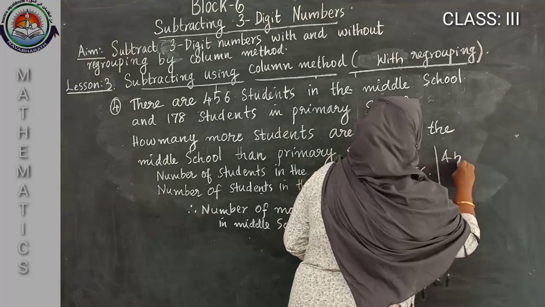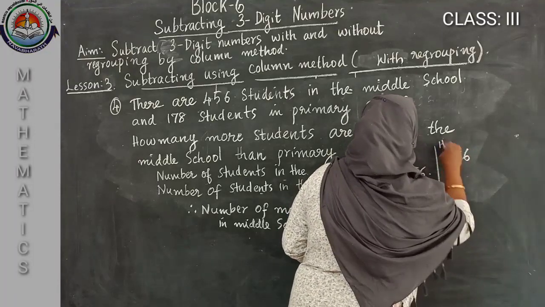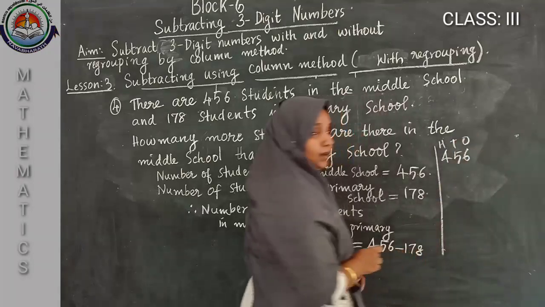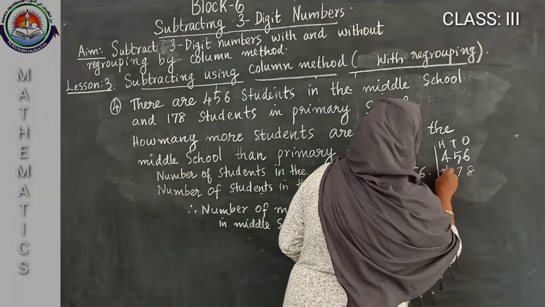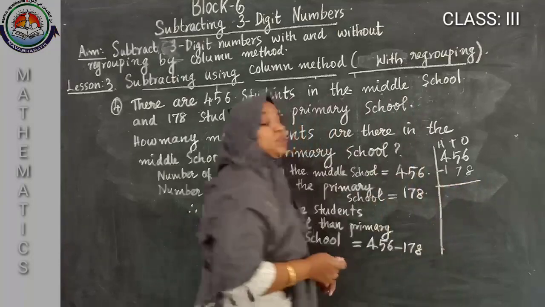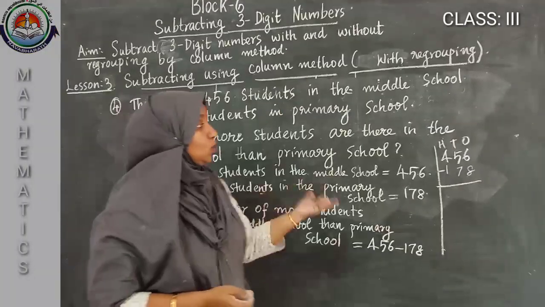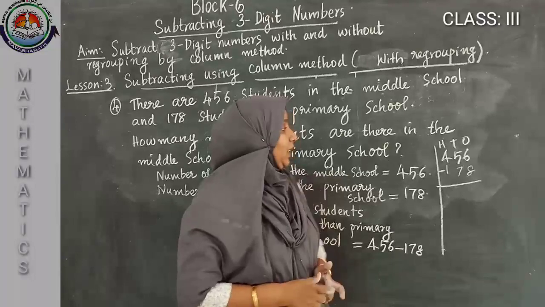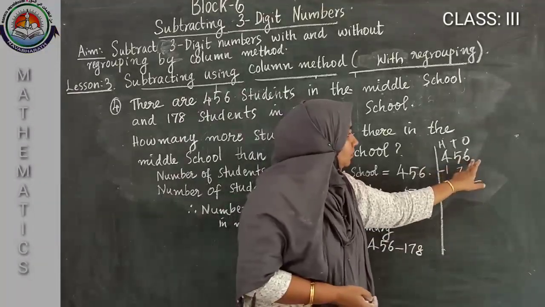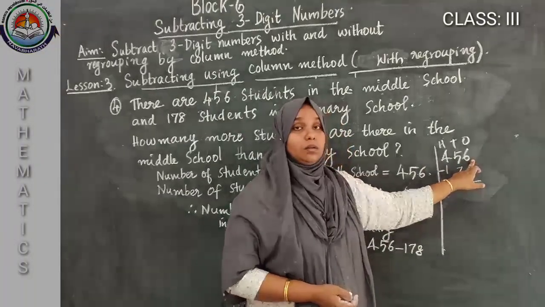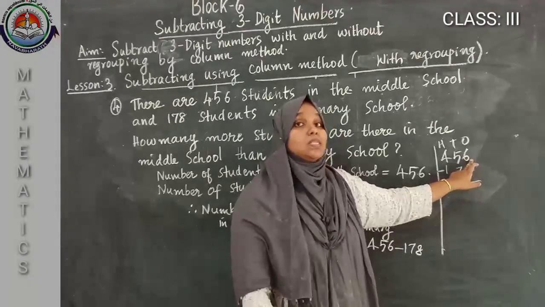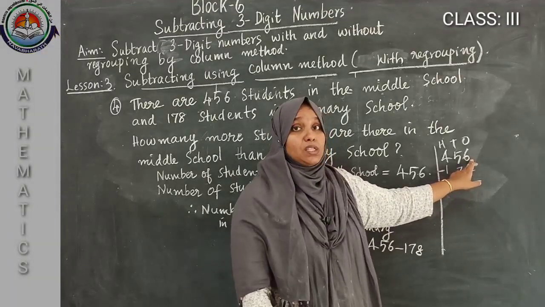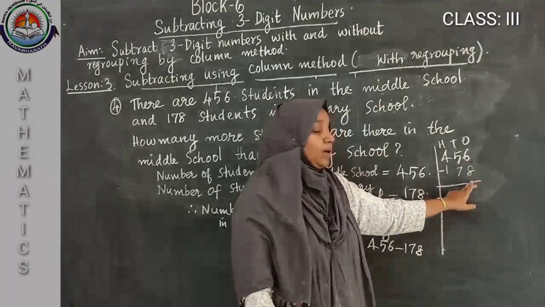4, 5, 6. Then 1, 7, 8. We can check whether regrouping comes or not. See here. The bigger number has 6 at the ones place, which is fewer than the smaller number's ones.